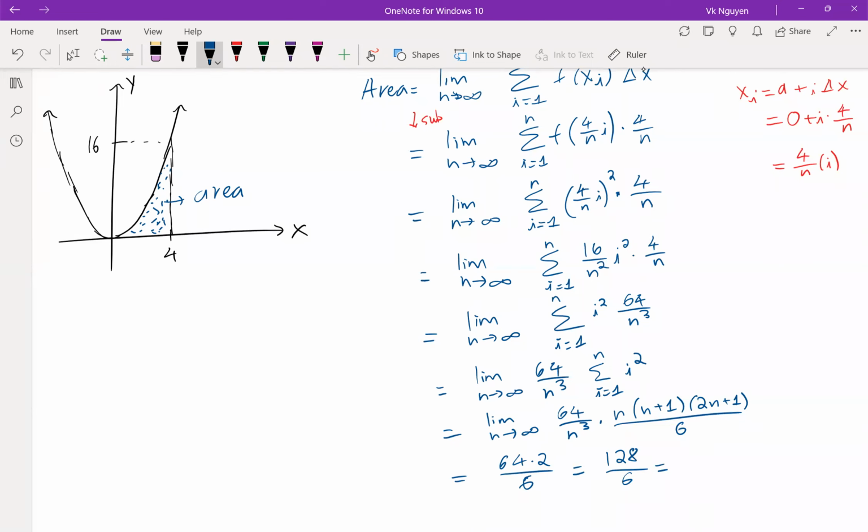Simplify that to be 64 over 3, which is 21 1 over 3.